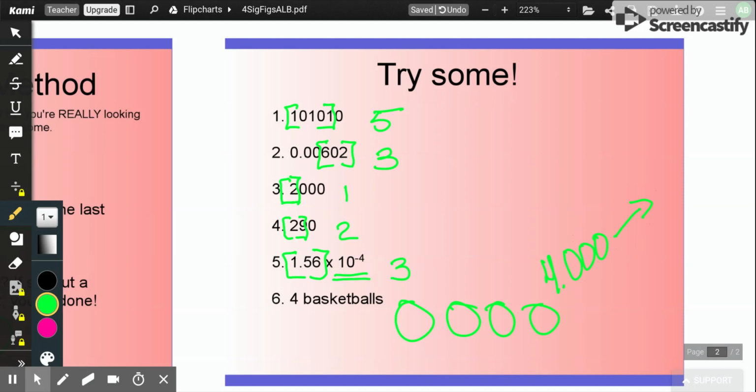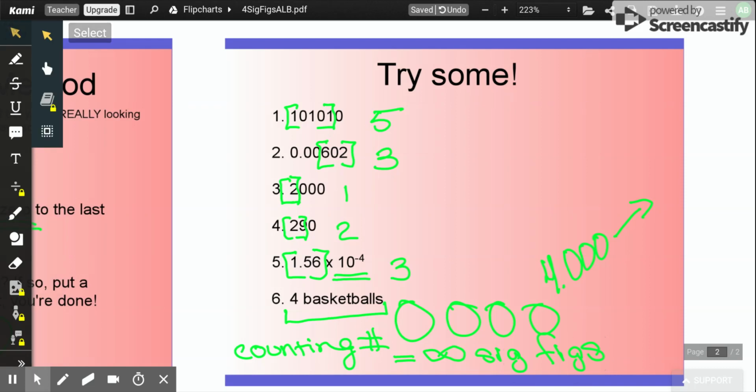So that means anytime you have a counting number, there are infinite sig figs. In terms of chemistry, that could be numbers of atoms or molecules. Those are going to be infinitely significant. All right.